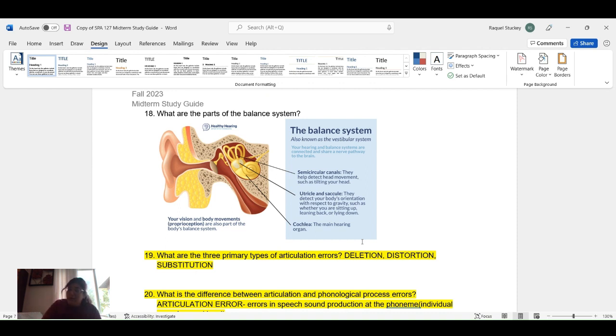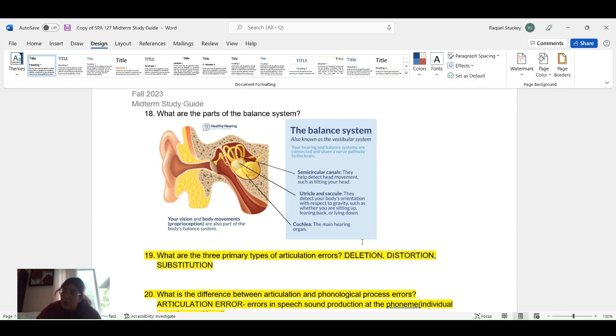The parts of the balance system consist of semicircular canals, utricle and saccule, and cochlea. Which one helps to detect head movements such as tilting your head? Your semicircular canals. It detects body orientation with respect to gravity, such as whether you are sitting up, leaning back, or lying down.